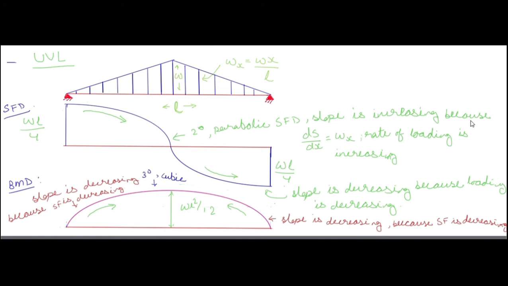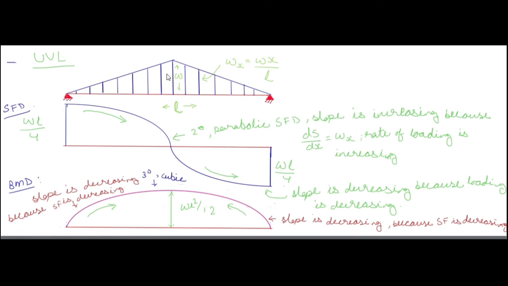However, the shear force is decreasing, but the rate of shear force is increasing. The rate of loading is increasing, while the shear force is decreasing. From WL by 4 it goes downwards and reaches 0, but the rate of loading is increasing, as you can see in the UVL.